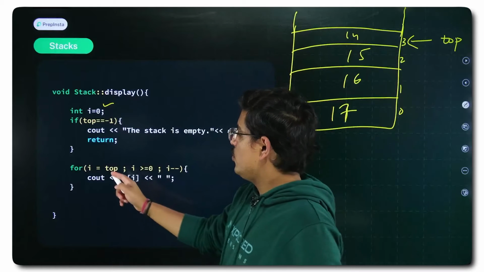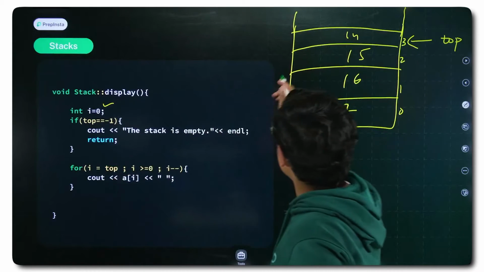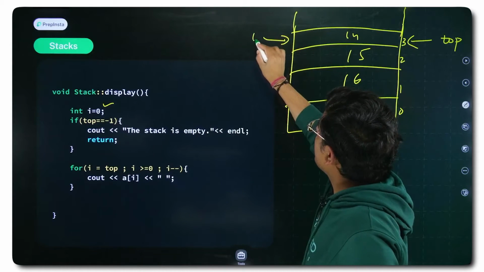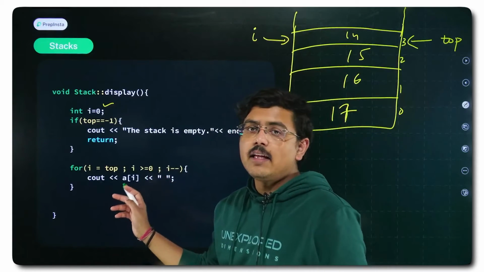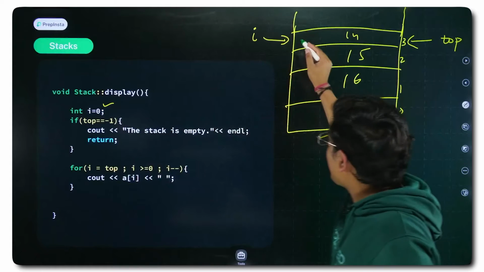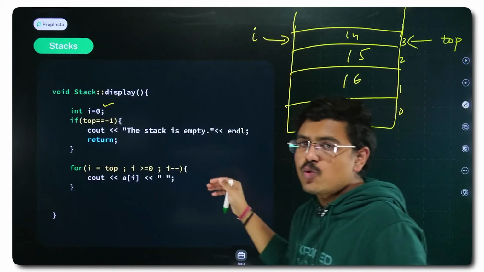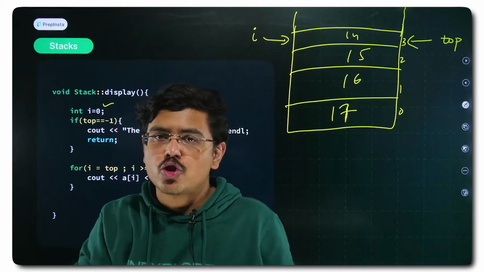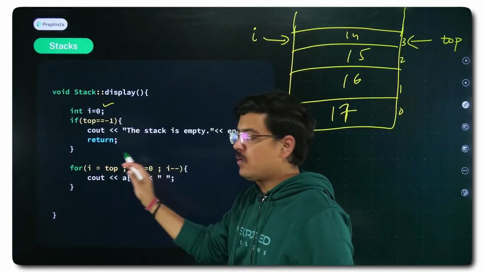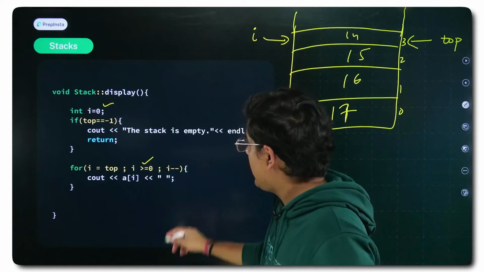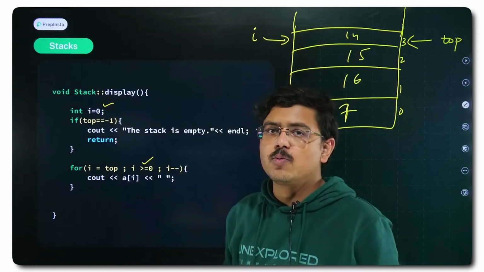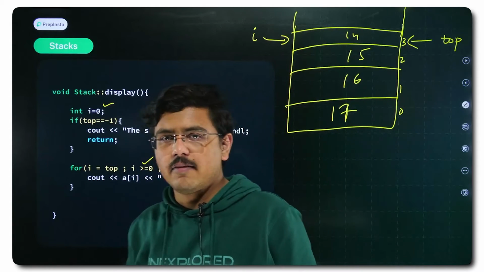You initialize i with top. Basically, i starts pointing here. Till i is greater than or equal to 0, which means i can go up to the 0th index. As soon as i becomes minus 1, you will stop executing this loop. Till this condition is true, the loop will execute. Now i minus minus, which means i is decrementing at every step.